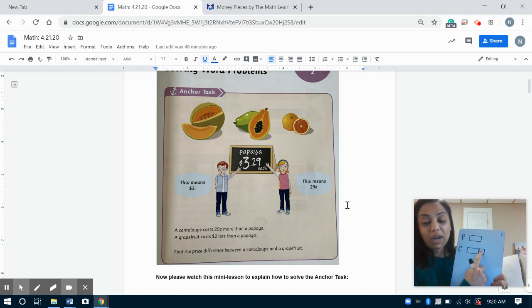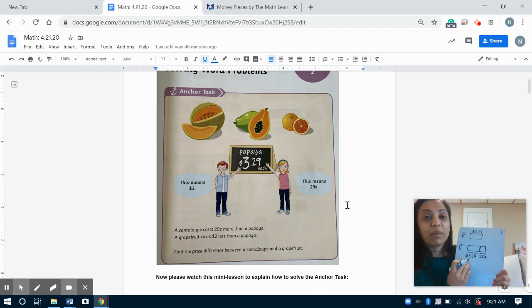What does that represent? Did you say 20 cents? You're right. So this is 20 cents, right? And this is the cost of the papaya, which is $3.29. Don't forget, this is $3.29.